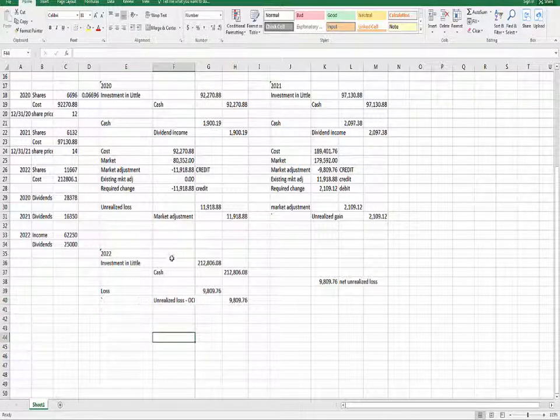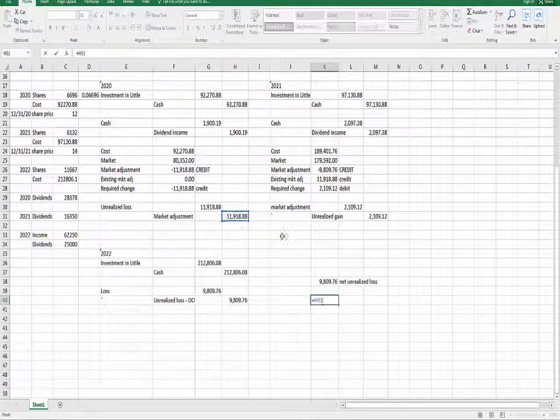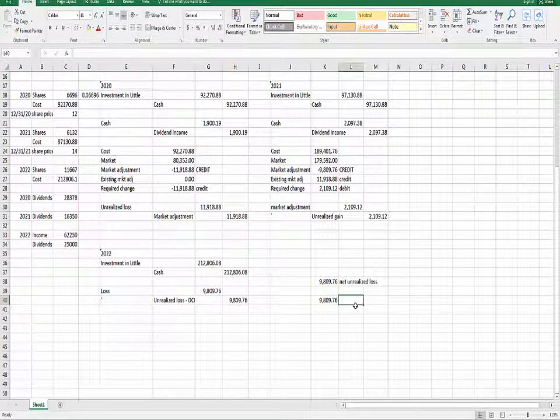The second thing we have to do is, if you look at this market adjustment account, in 2020 we credited the market adjustment for $11,918.88. In 2019 we debited it for $21,0912, and so there's this existing credit balance in that market adjustment account. We got to get rid of that.